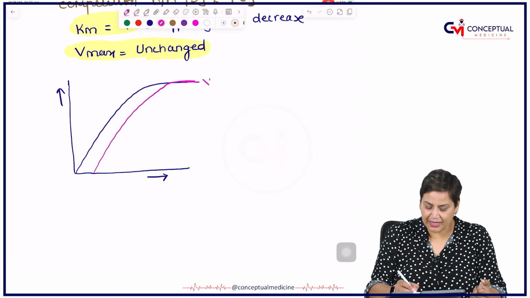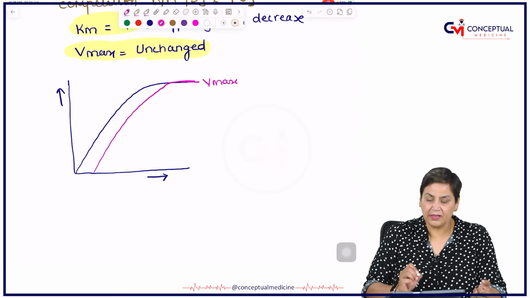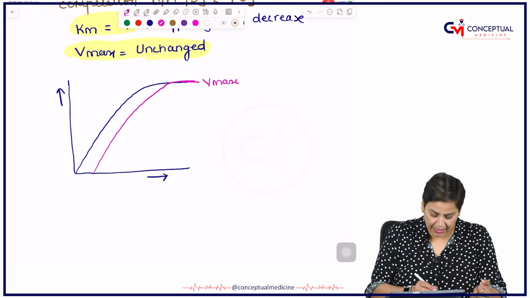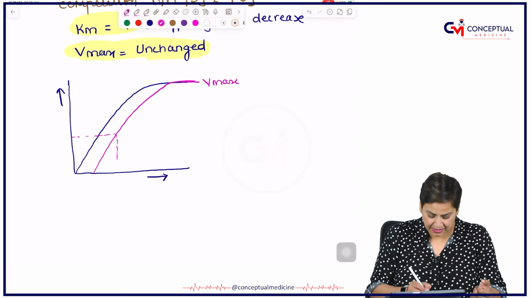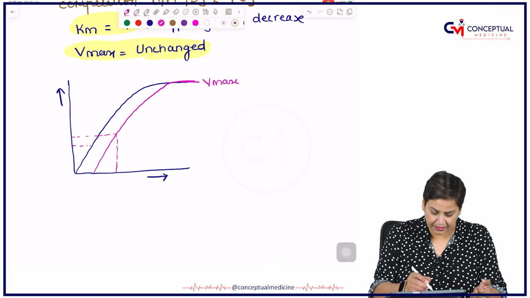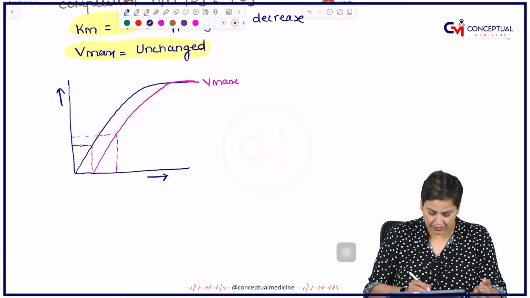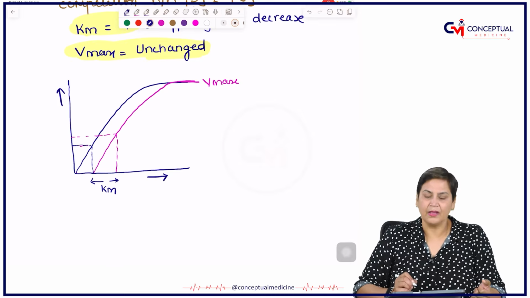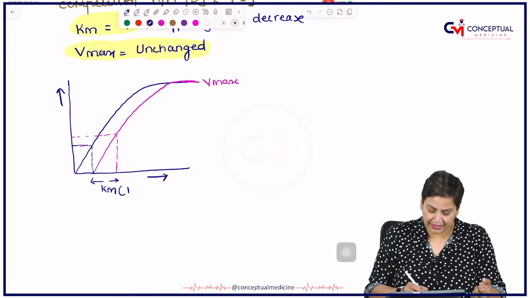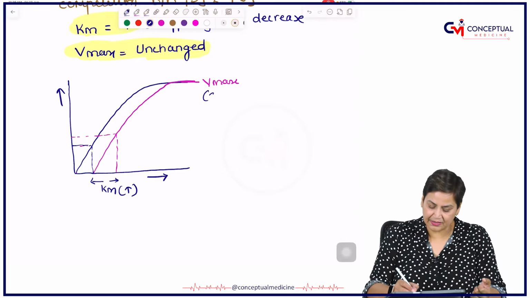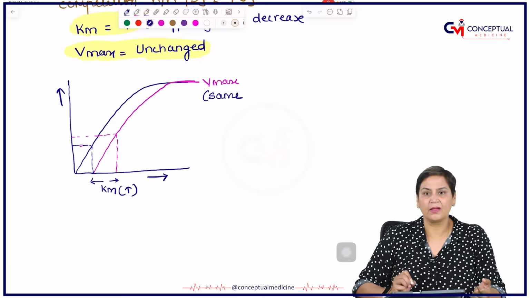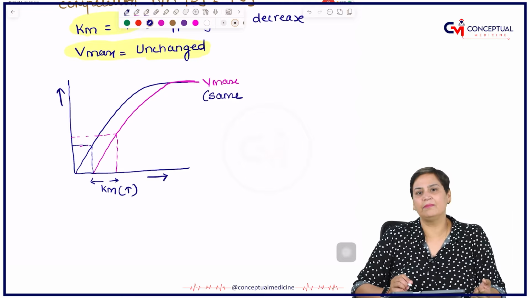Here Vmax will be the same, but if we talk about the Km, we can see that it is like this. This becomes the Km. So we can say Km increases, whereas Vmax is the same. So this is as per Michaelis-Menten.